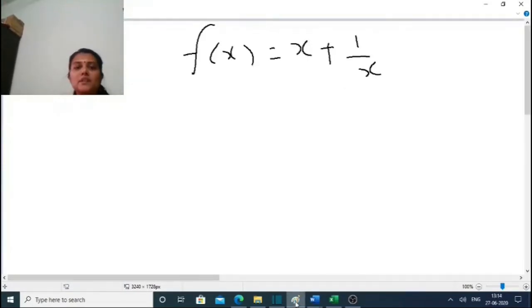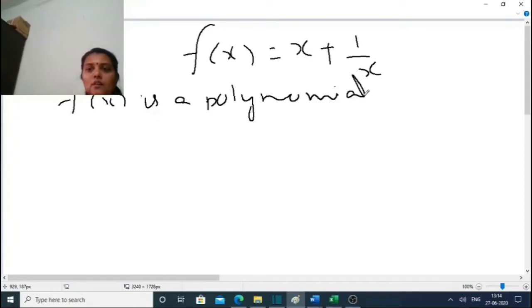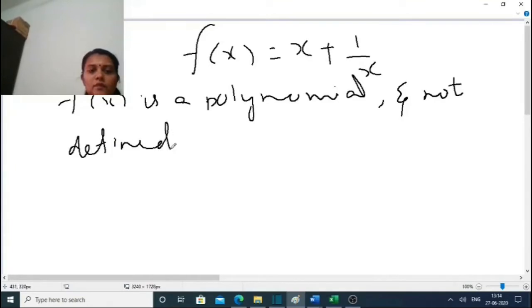Next problem is to find the interval at which f of x equal to x plus 1 by x is increasing or decreasing. So we could write this function is not defined at x equal to 0.